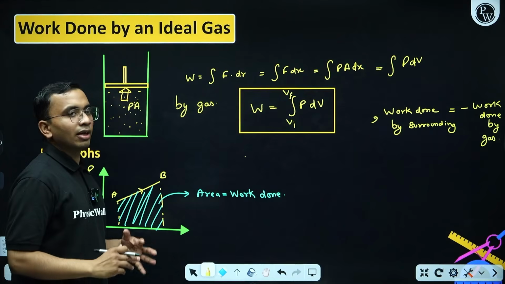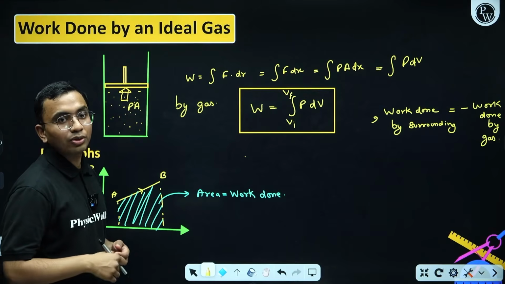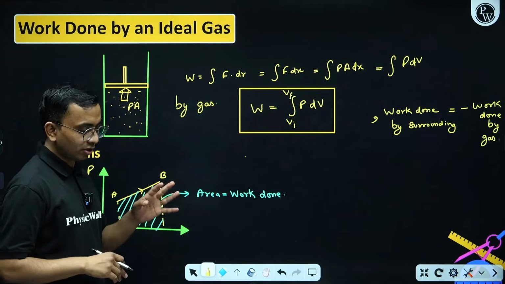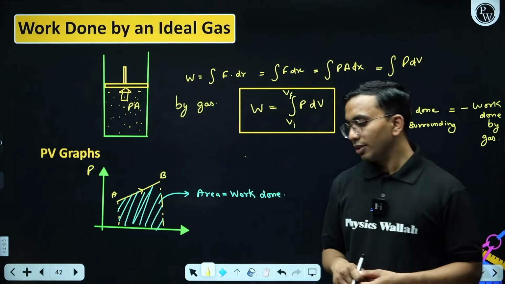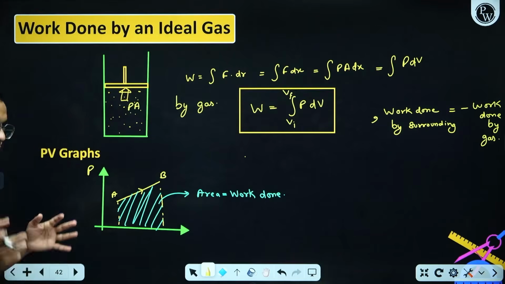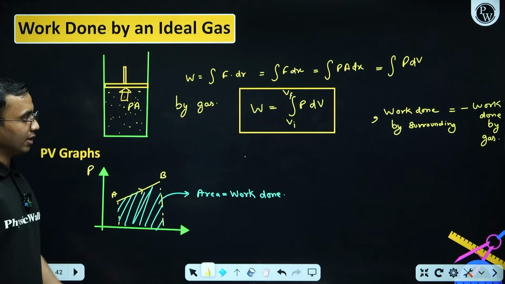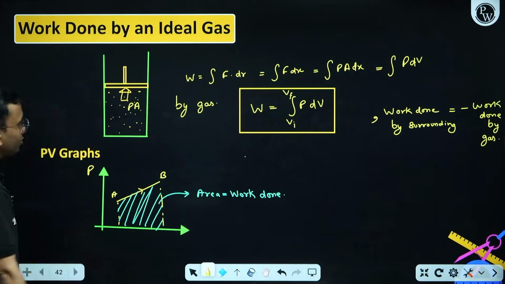If gas is doing work, we consider that work to be positive. We will come to the sign convention of the first law of thermodynamics. Then we will see that work done by the gas we consider as positive, and work done on the gas is considered as negative. But anyways, till here you understand this. We'll come to that in a while.